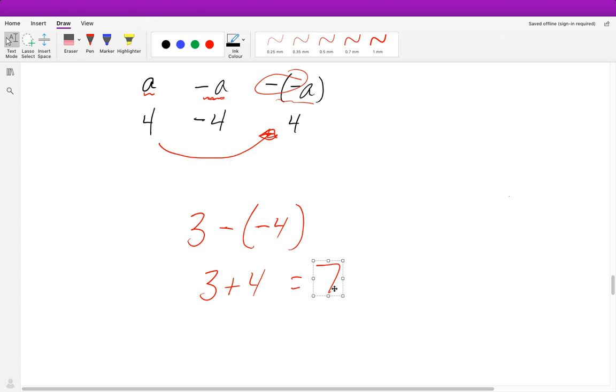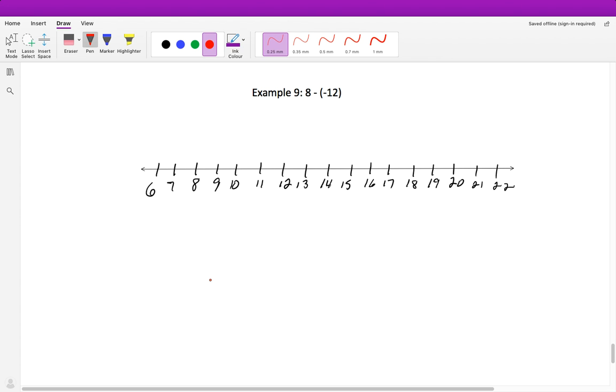Right? Now we're going to do a problem using a number line, and I'll show you how the number line can also tell us what we are doing. All right. The question is 8 minus -12. If I were just to tell you it's 8 minus 12, well, this minus sign tells me I'm moving in the left direction.